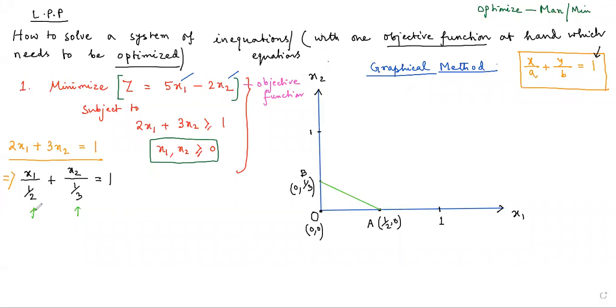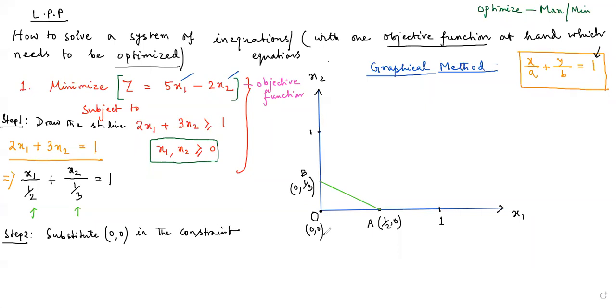So what we'll do, I'm writing here, step 1 was draw the straight line. Step 2 is substitute 0, 0 in the constraint. Constraint means the inequation I'm talking about.